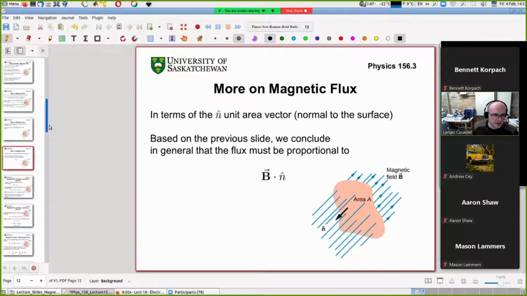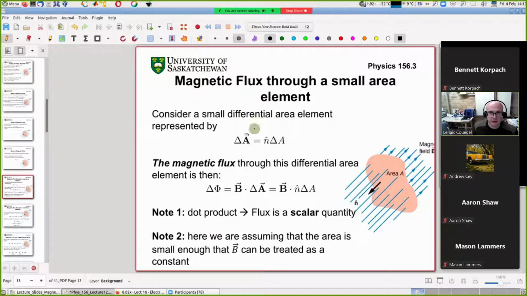So to define this more appropriately, we can always consider a small differential area element represented by delta A vector equal to n hat delta A. So it is a small element that you can cut on the surface here. That would be delta A. And if we add the n hat vector like that, we can also define the delta A vector.